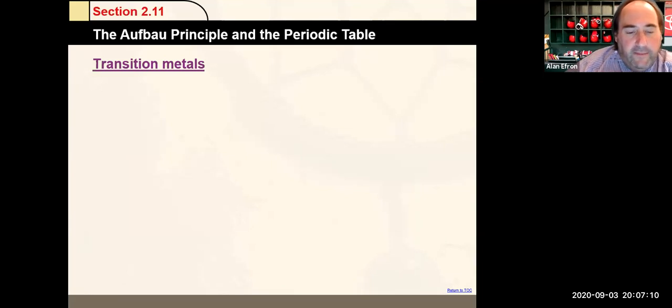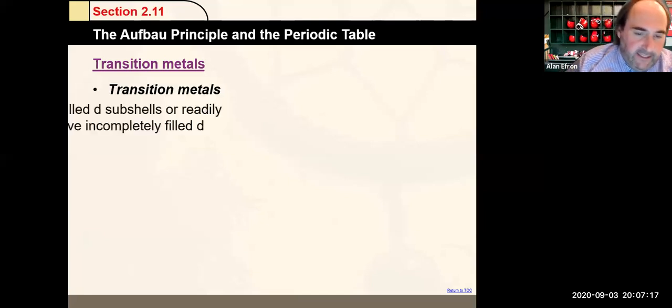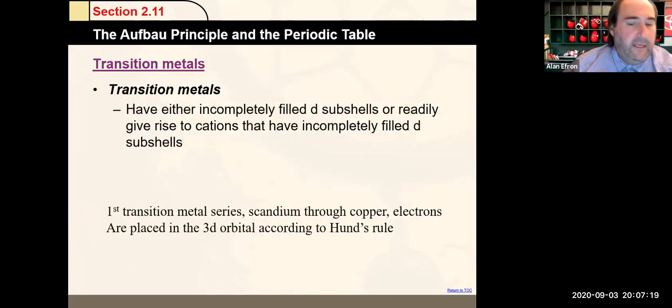Let's talk about the transition metals and the electron configuration for transition metals. Transition metals, as I just showed you on that periodic table, are the D block. So transition metals are where you get into those d orbitals, and they typically have incompletely filled d subshells or give rise to cations that have incompletely filled d subshells. Now there are actually 2 exceptions.